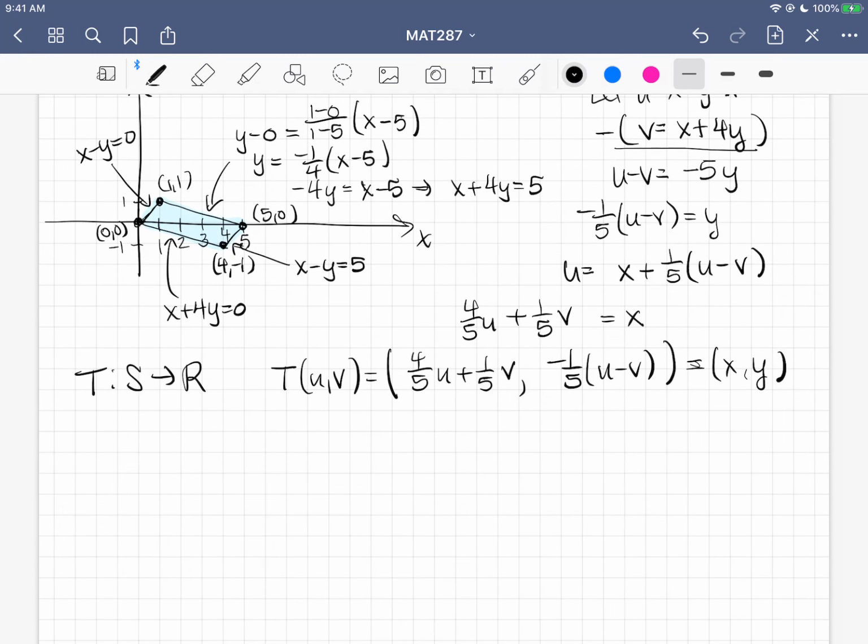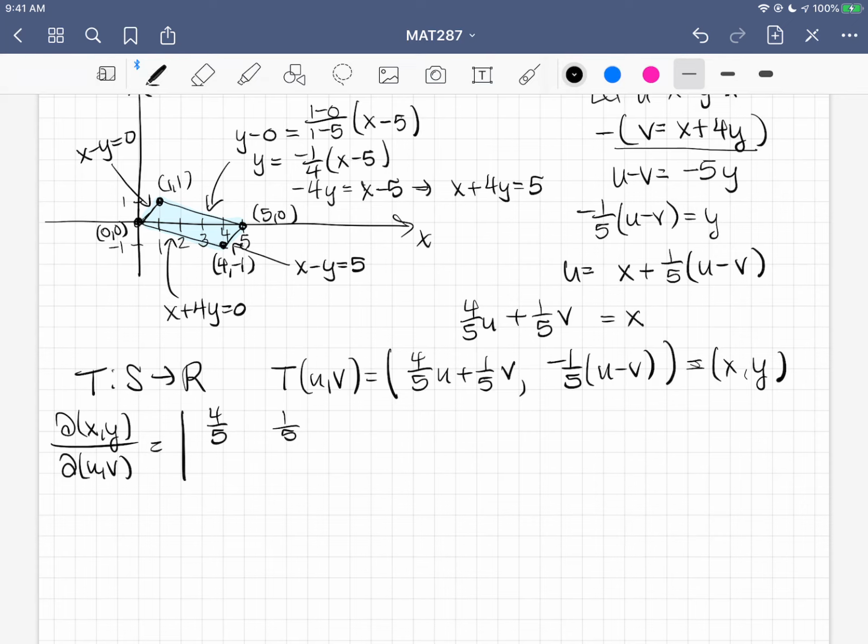The next thing I want to do is find the Jacobian. The Jacobian is the determinant of the 2 by 2 matrix, where I'm first going to take the partial of x with respect to u. So I get 4/5 in the top left corner. Then partial of x with respect to v, I get 1/5.